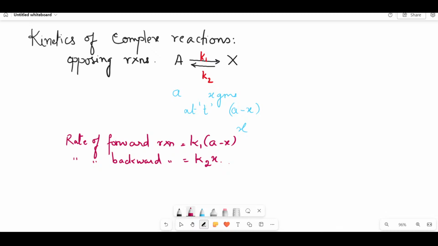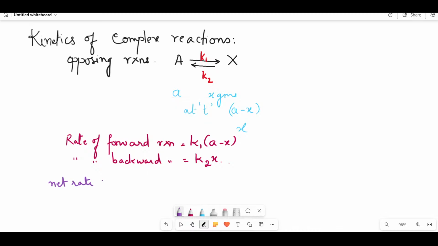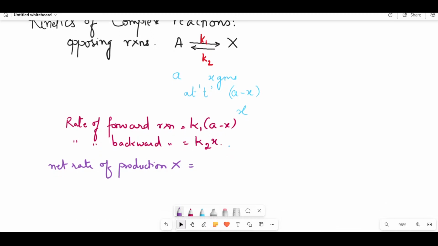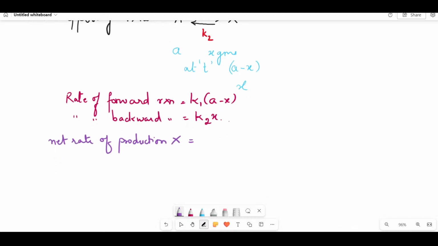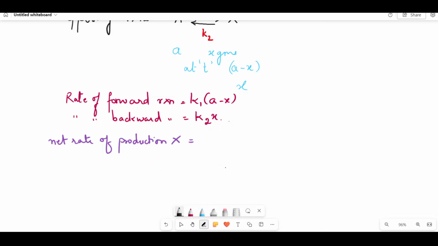So, the net rate of production of x, dx by dt, is equal to k1(a minus x) minus k2x.